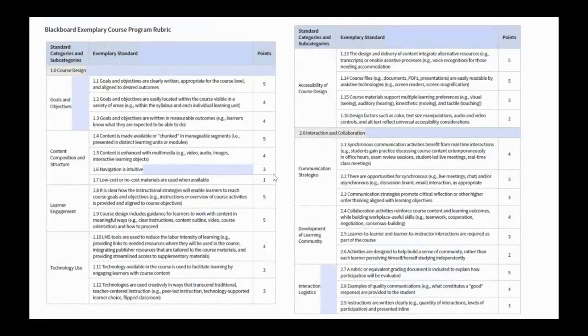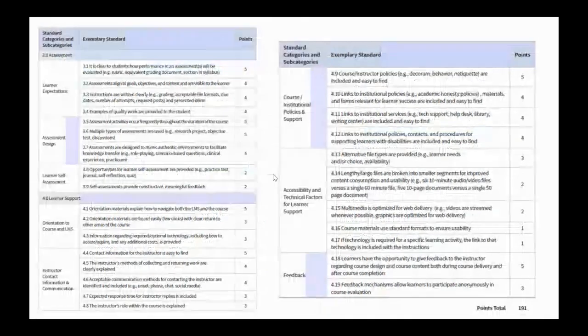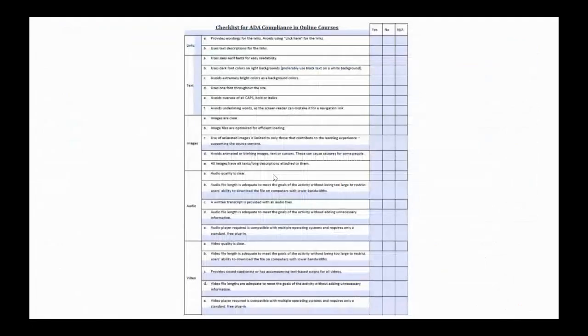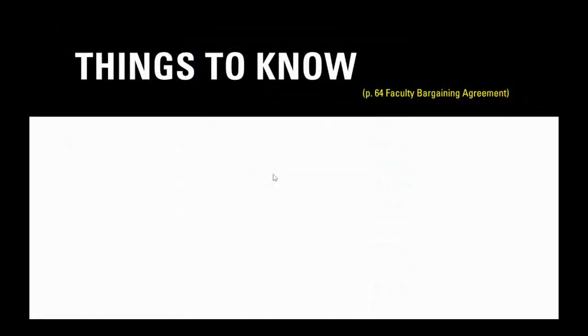And this is just a few screenshots of some of the things. It's basically broken down into 4 areas, looking at course design, interaction and collaboration, assessment, and learner support. And then obviously ADA compliance as well.